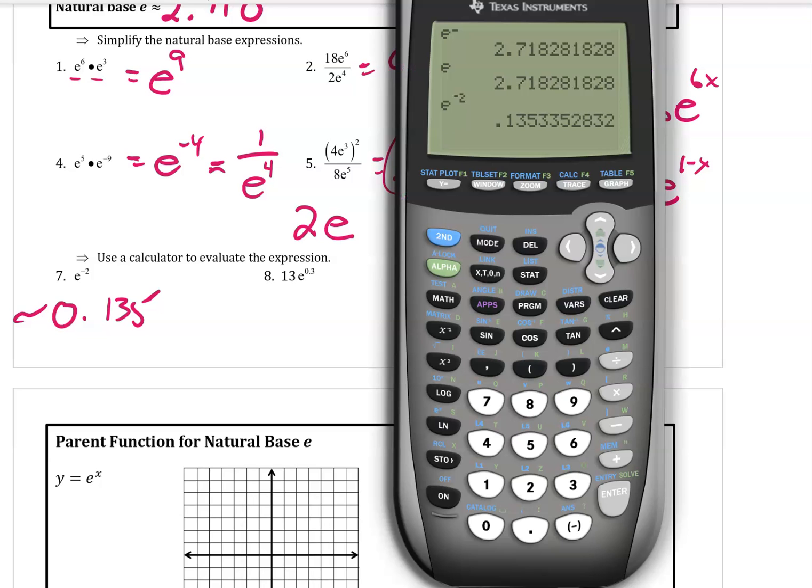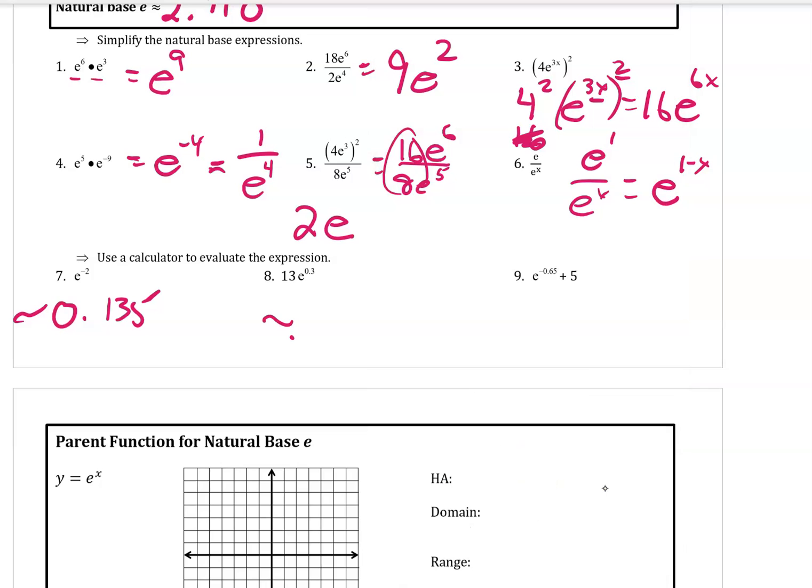In our calculator, 13 times e to the 0.3. 17.548. e to the negative 0.65 plus 5.